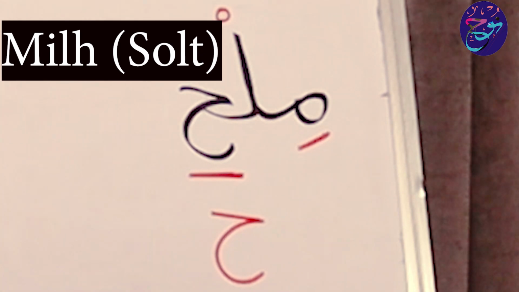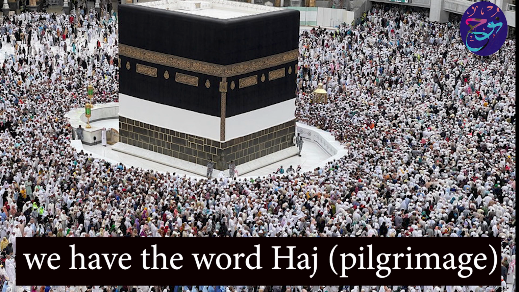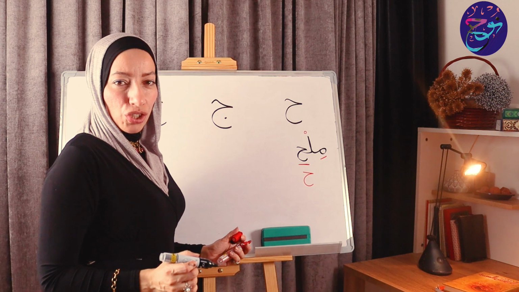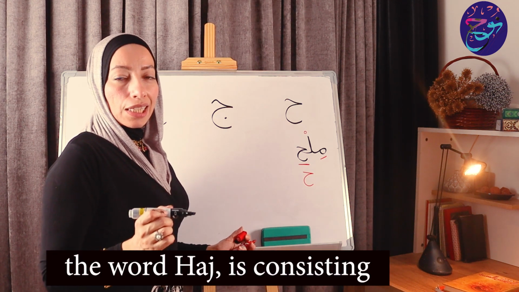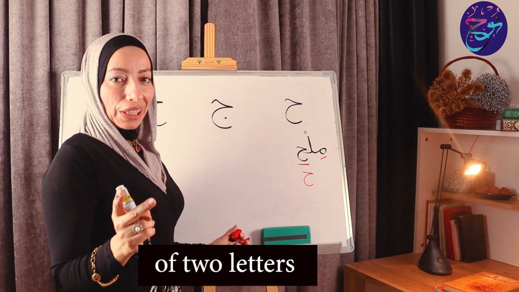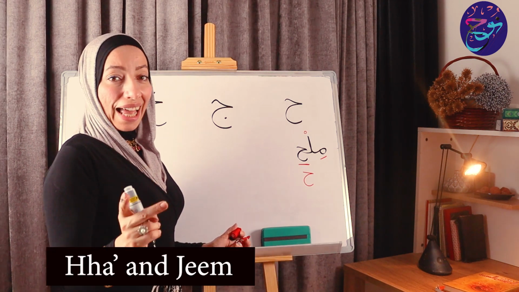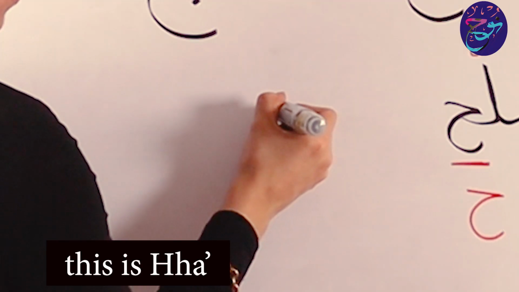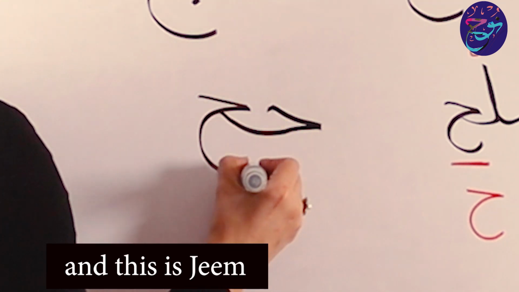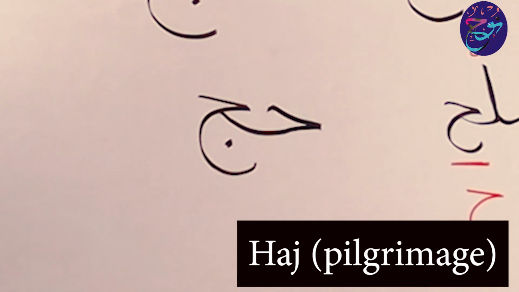See? Milh. For the letter Jeem, we have the word hajj. The word hajj consists of two letters, ha and jeem. This is ha and this is jeem, hajj.